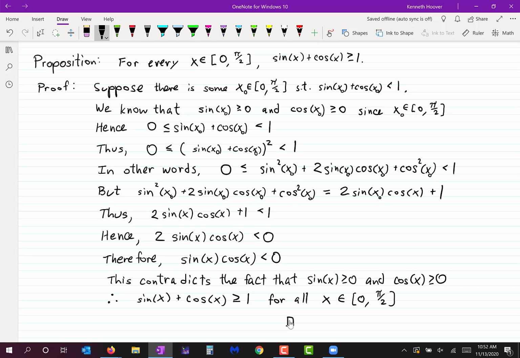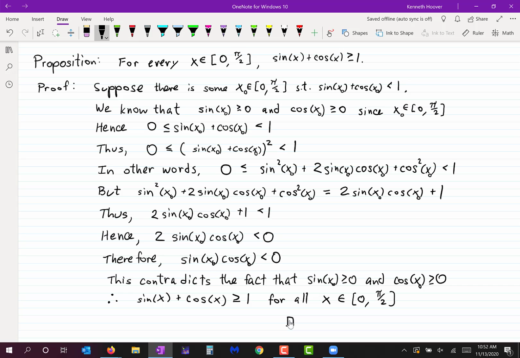So I highly encourage you to do this. When you are going to be talking about a specific value, but you don't know what that value is, then go ahead and use a variable name for it and put a subscript of 0 on that variable. So now there's no confusion.